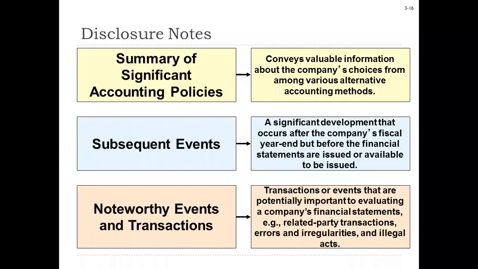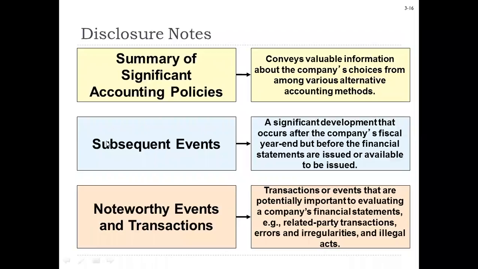So the companies have different choices. There was also different choices as far as valuing inventories. There was FIFO, LIFO, weighted average. So this footnote describes the different choices that a company made in the accounting methods they use, so that the reader of the financial statement knows which methods were used for the different accounting policies or accounting methods.